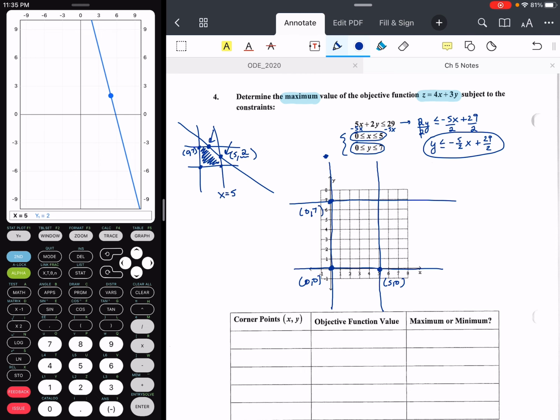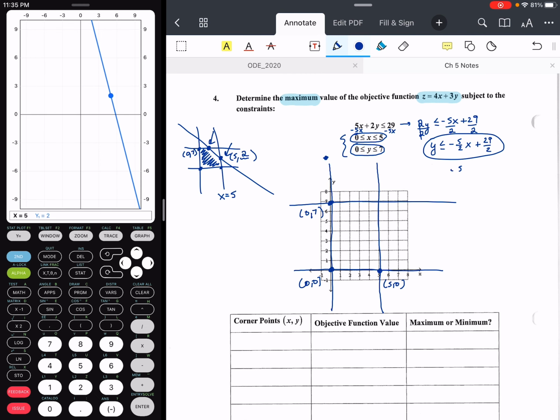In other words, if I put in negative 5 halves and then put in 5 for x plus 29 over 2, this gives me negative 25 over 2 plus 29 over 2, which is positive 4 over 2, and there's my 2. Okay, so I know that this line is going to come through and intersect at 5, 2.